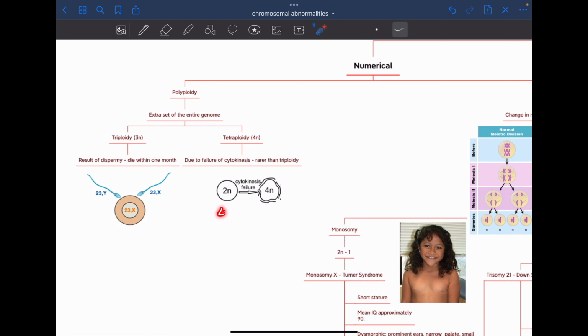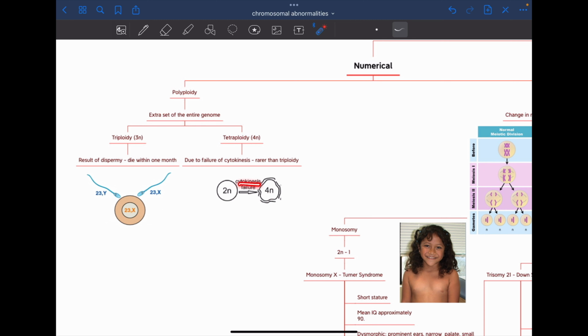It will have 46 chromosomes, and then cleavage will happen, and it needs to reach a point where we can label it as a two-cell stage. In the two-cell stage, the chromosomes will duplicate and go through cytokinesis, in which the cell will divide into two cells, and this results in two separate cells that are 2N, 2N. So this is the ideal situation.